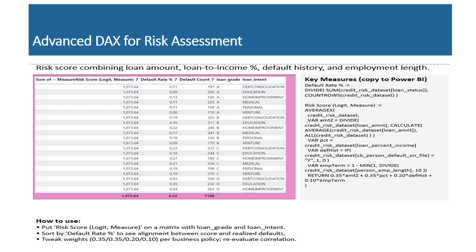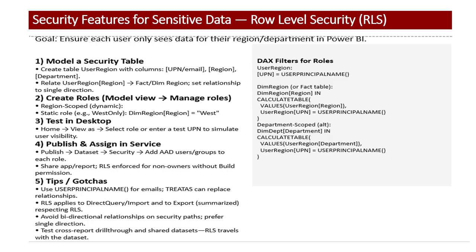How to use this code logic and measure on the matrix: loan grade and loan interest rate, scored by default rate to see the relationship between score and relative default. The weights are 0.35, 0.35, 0.20 and 0.10 per business policy calculation.